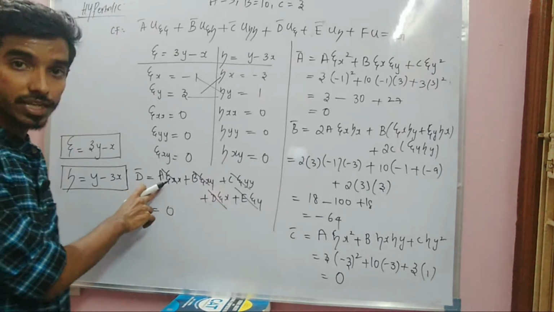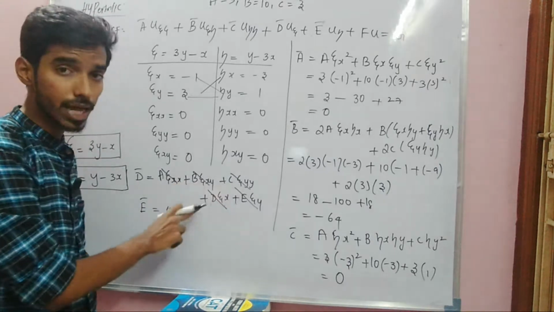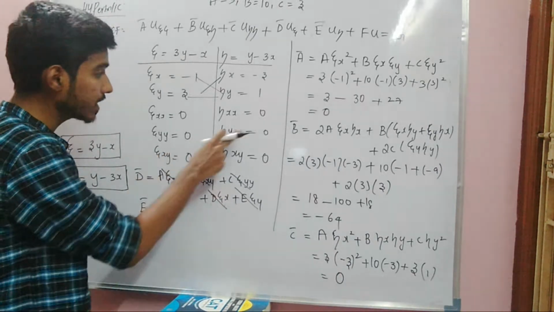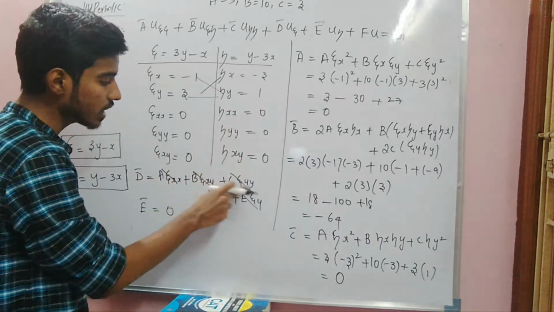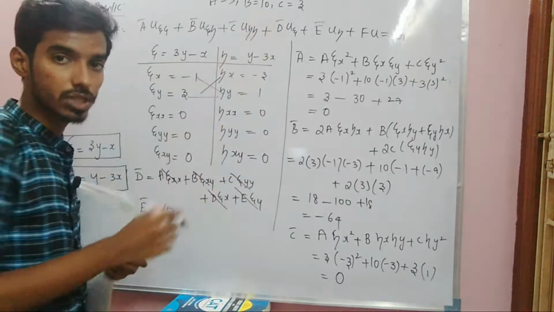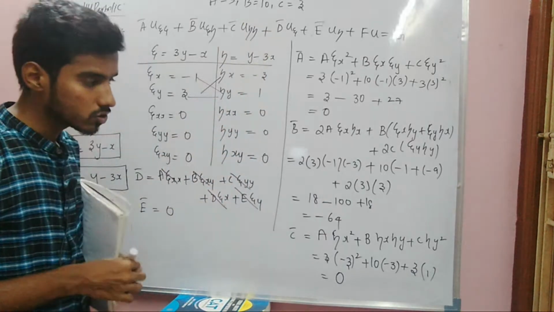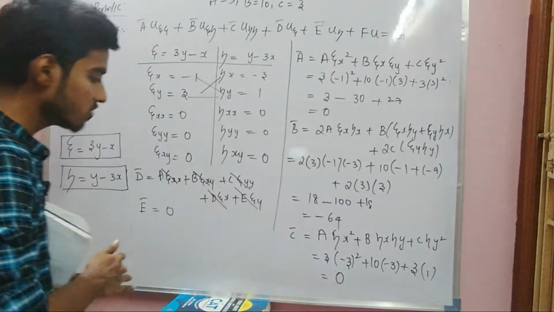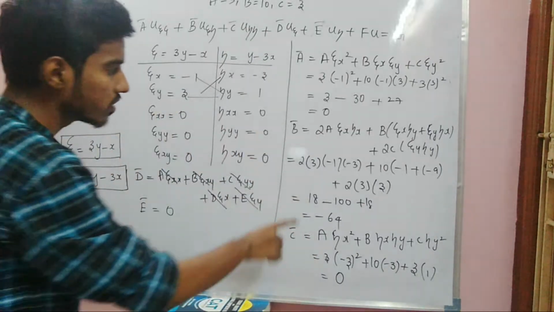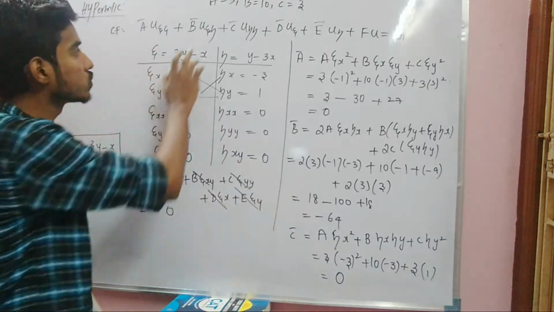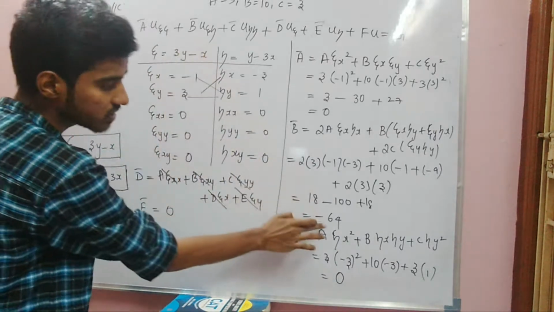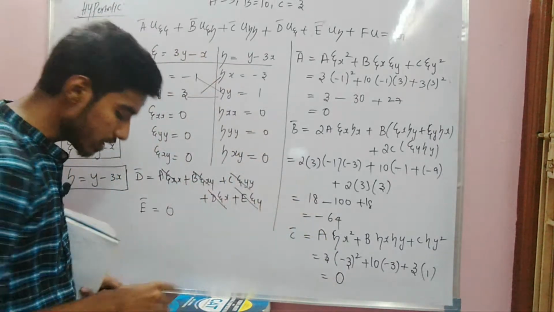So e bar will be a eta xx. In place of theta we will have eta. So eta x is 0, eta xy is 0, eta yy is 0, and there is no d and e term in the question. So therefore e bar is also 0. So what will be your canonical form? All are 0 except b bar, right? So here we are going to substitute b bar is equal to minus 64 and all are 0.